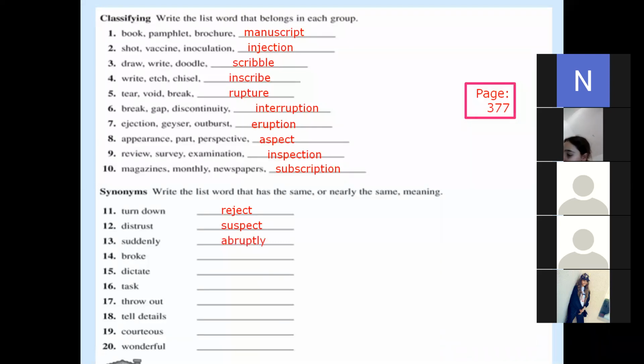Abruptly. Very good. Broke. Rupture. Interruption. Broke when you don't have money. Bankrupt.